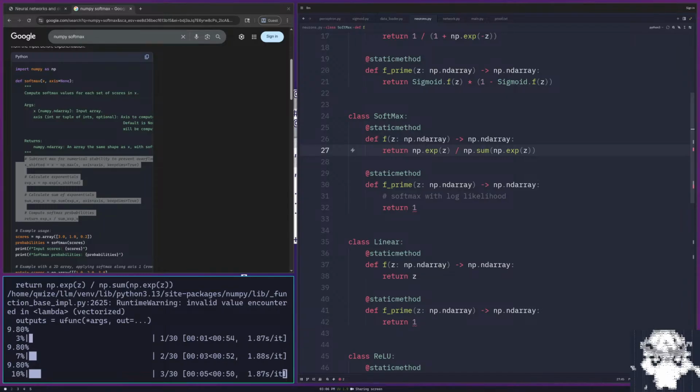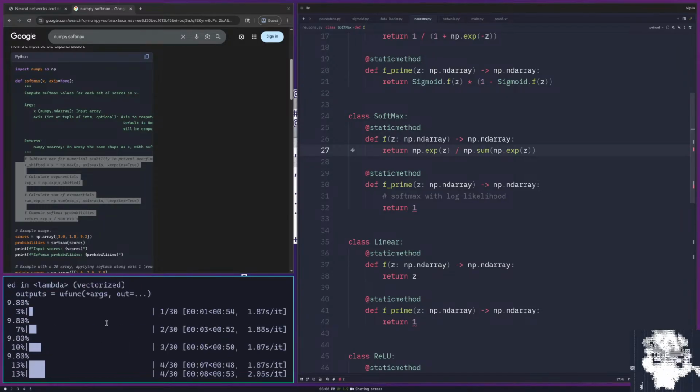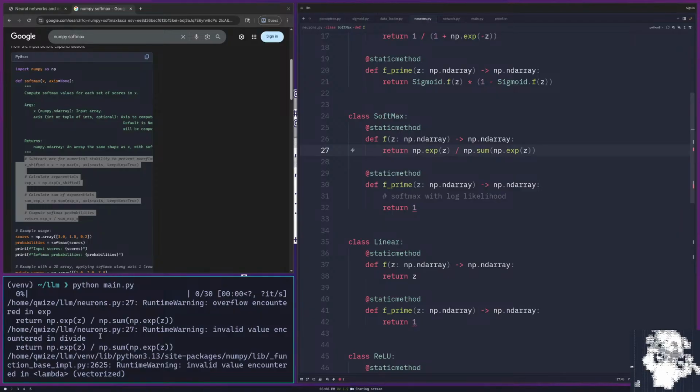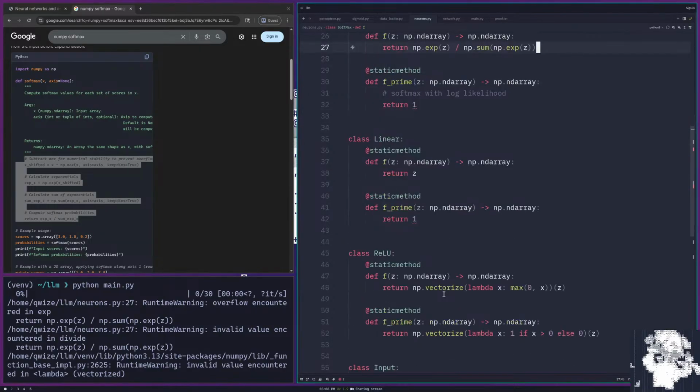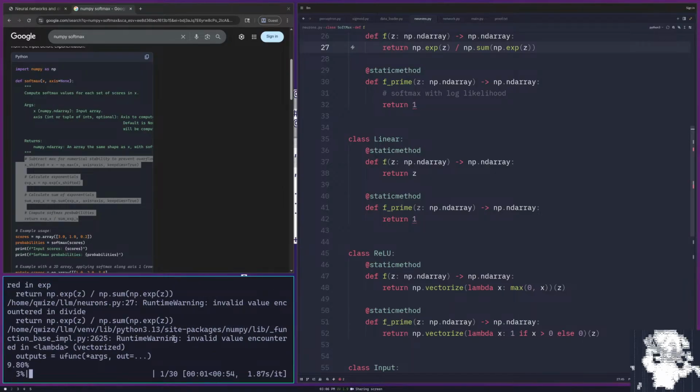No. Invalid value encountered in lambda vectorized. Huh.